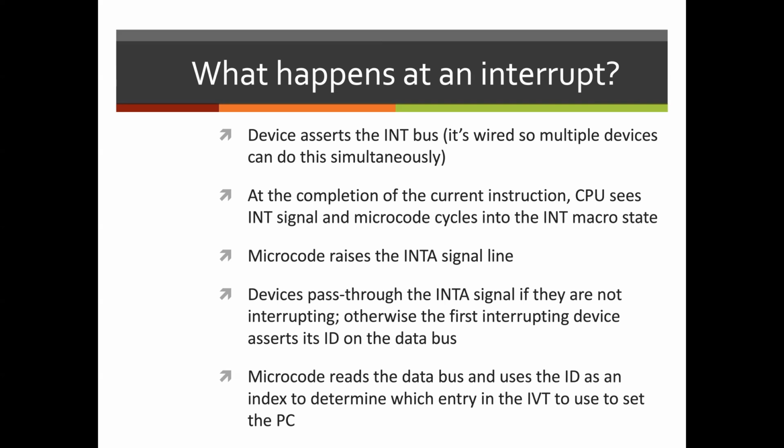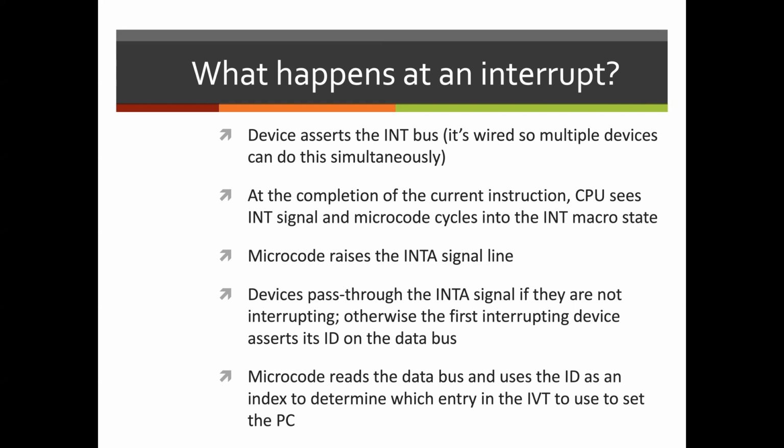And then this further allows for microcode to read the data bus and use the ID as an appropriate index. Once this is identified, we're able to determine which entry in the IVT vector to use to set the program counter.